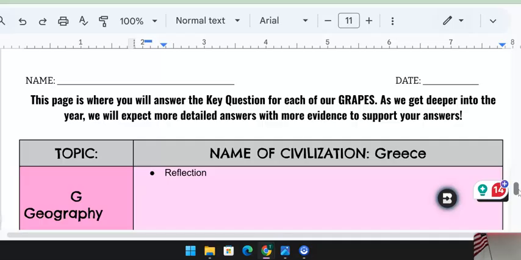So this is the page where you will actually answer the key question for each of our grapes. So our key question for geography, remember, was next to the thing, right? This is where you're going to type out your response. Where it says reflection, you are going to write a good middle school response that uses our evidence, those top 5 things that you identified, to help explain our geography of Greece.